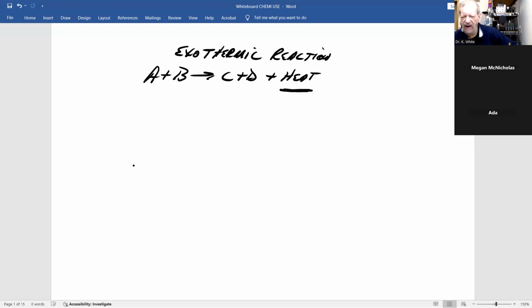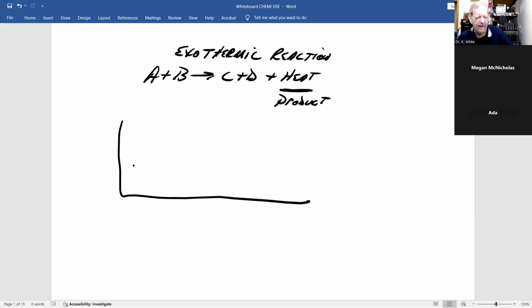Because heat is given off on the product side. Heat is a product. Now the energy diagram, you have energy on the y-axis. And on the x-axis, we have time.